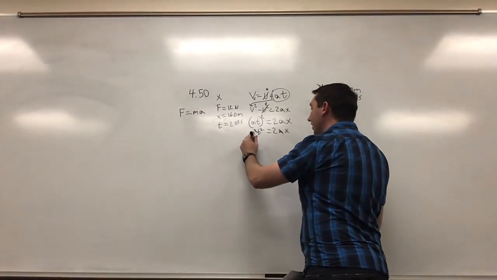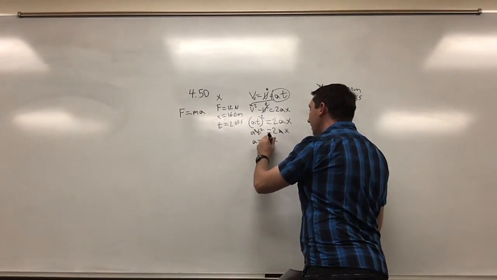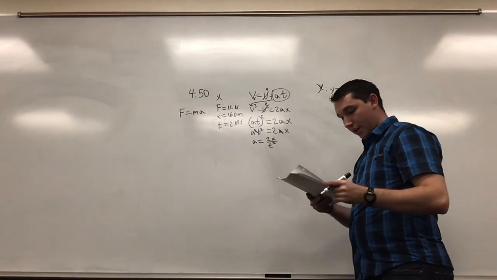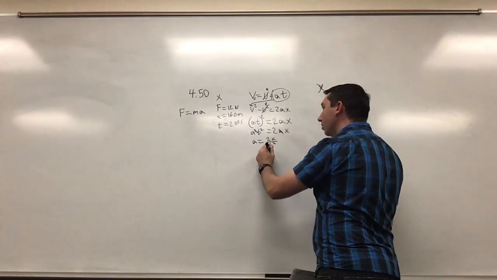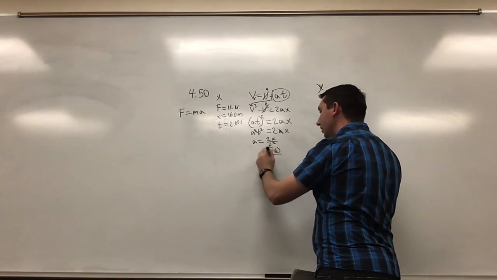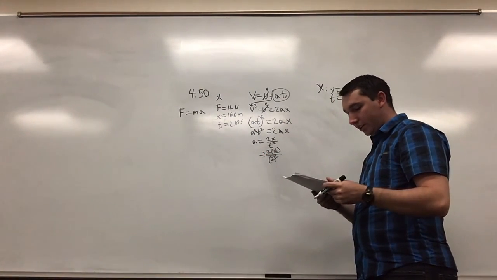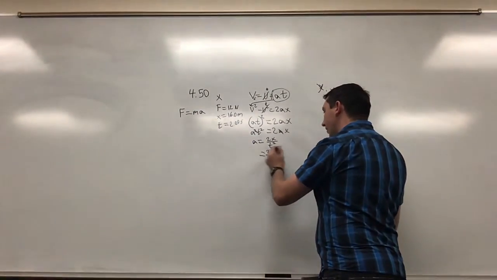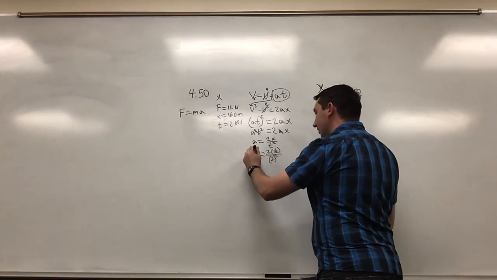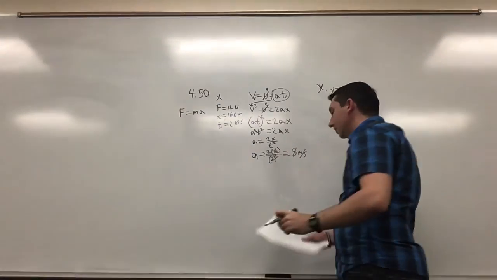So we get that the acceleration is equal to 2 times the distance divided by time squared. Plugging in our numbers, that's 2 times 16 divided by 2 squared, and that is equal to 8 meters per second squared.